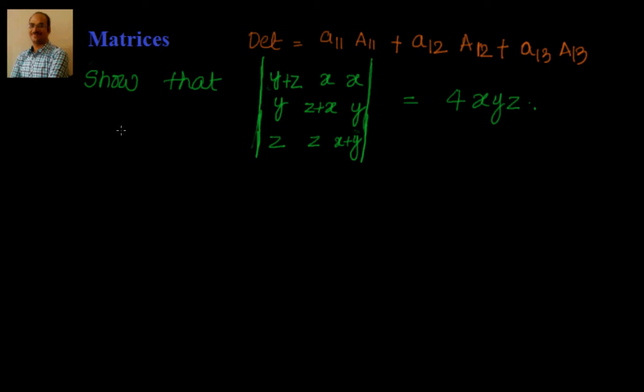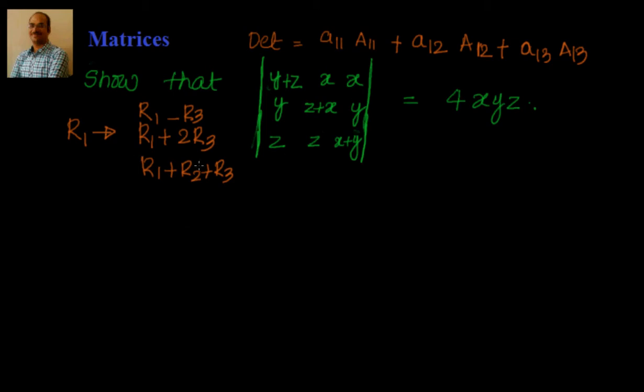If you remember, in the last session I told you that if you take any row of a matrix and change R1 to R1 plus 2R3, or R1 minus R3, or for that matter R1 plus R2 plus R3, the determinant of the matrix will not change.